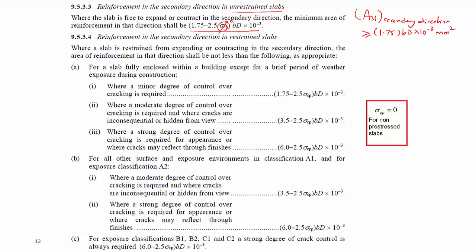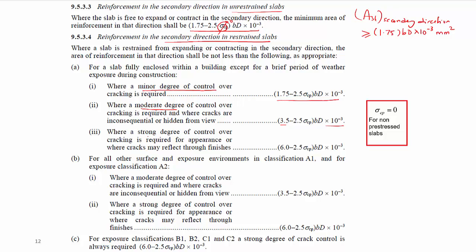Now, if the slab is restricted in the secondary direction, that means the secondary direction is a restrained slab, then we can find out the area of reinforcement in the secondary direction based on what level of crack control is desired. For example, if a minor degree of control of cracking is required, that means the crack control is not that severe, then the equation is the same as before. It's 1.75 BD 10 raised to the power minus 3. And if the crack control we require is a moderate degree of crack control, it will be 3.5 times BD into 10 raised to the power minus 3.